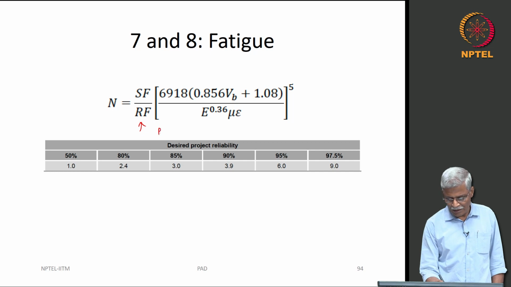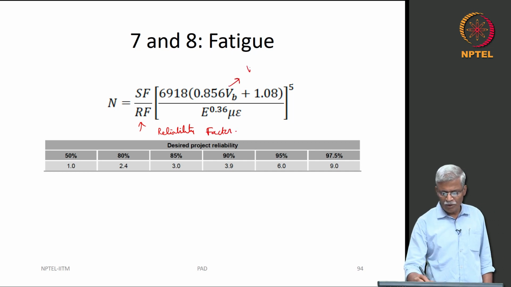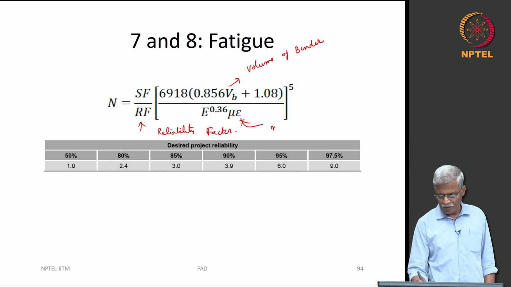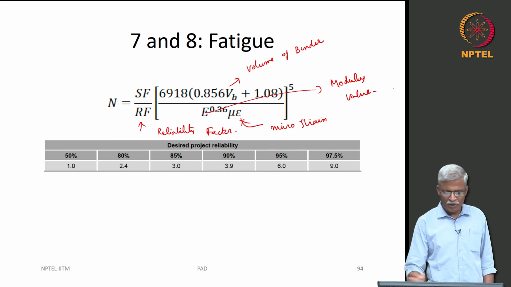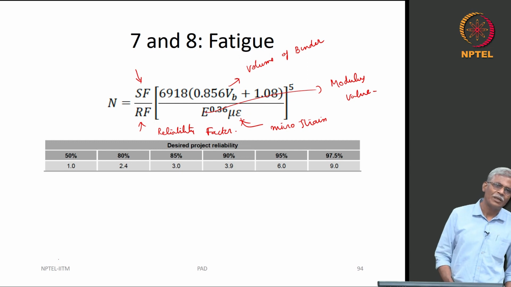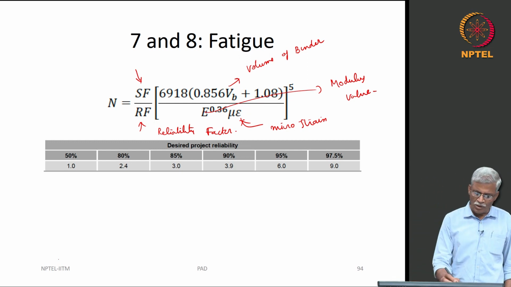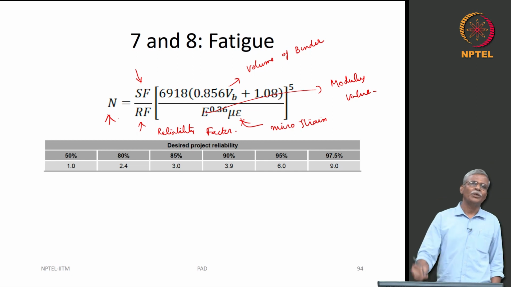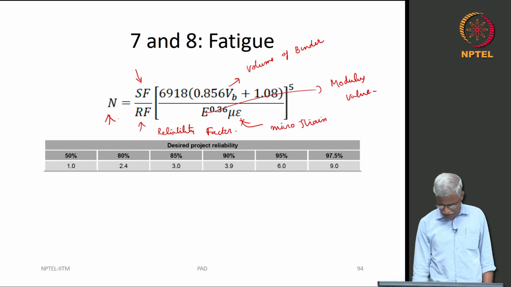What you see here is the volume of binder, this is the micro strain and this is your modulus value, and these are your calibration factors. Okay. So, this is the equation that you are going to use for the fatigue calculation, right.